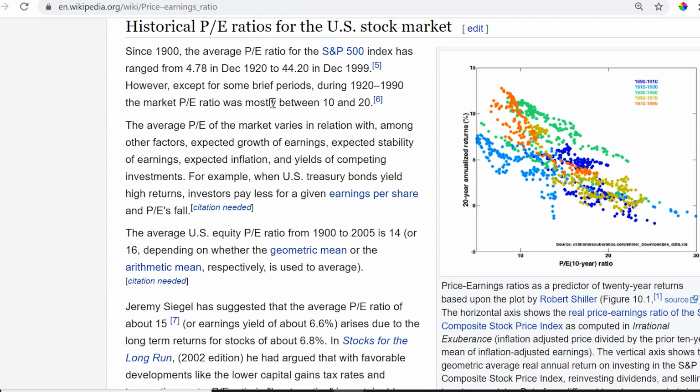They're not okay paying a high multiple. The average PE of the market varies in relation to, among other factors, expected growth of earnings, expected stability of earnings, expected inflation, and yields of competing investments.